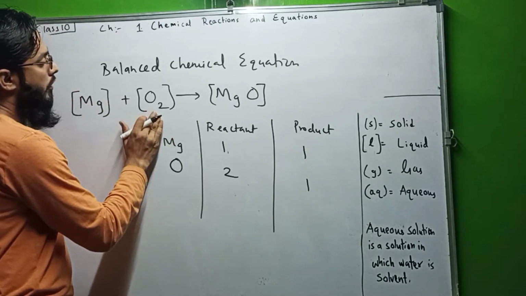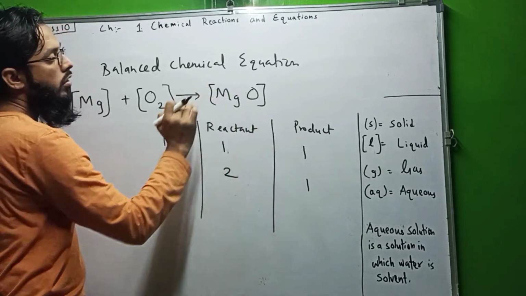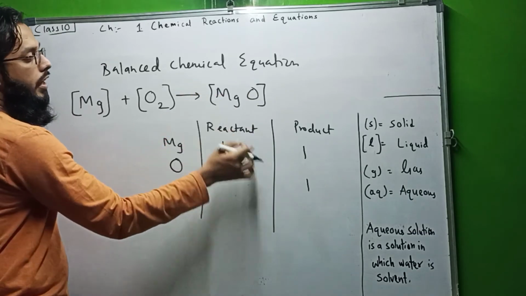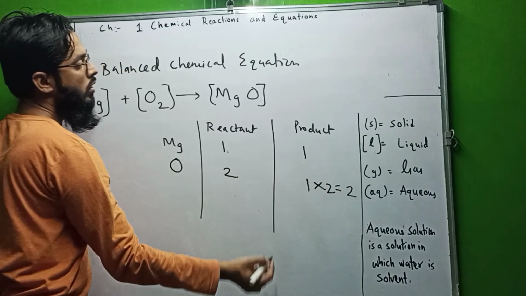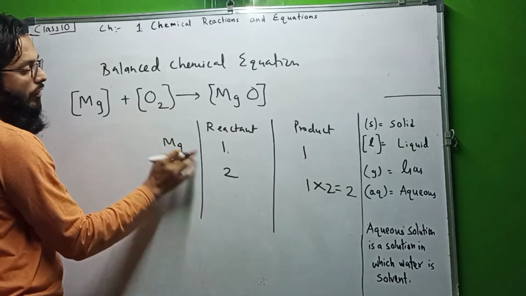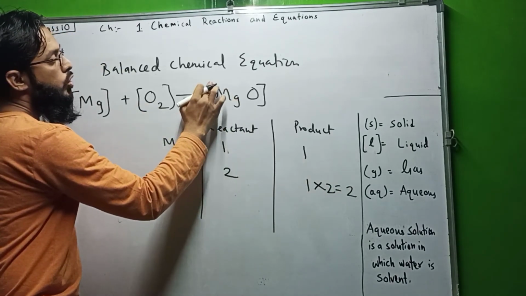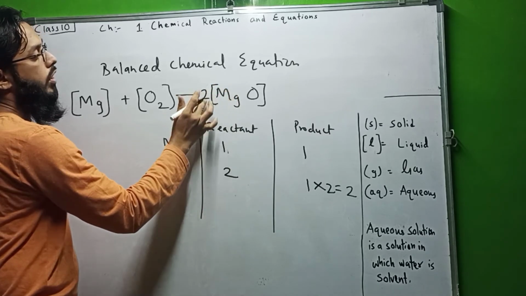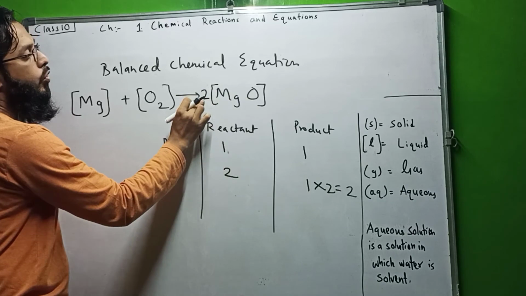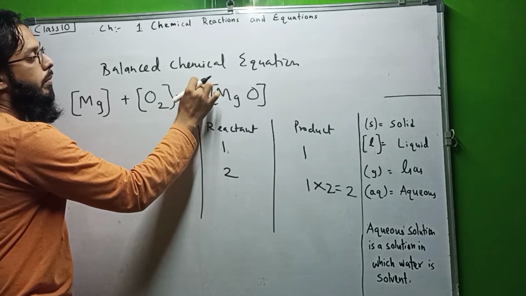Oxygen we have 2 on the reactant side and 1 on the product side. Now we can multiply by 2. So what I will do is write 2 in front of the MgO; I can't change inside, I have to write it just before the bracket.